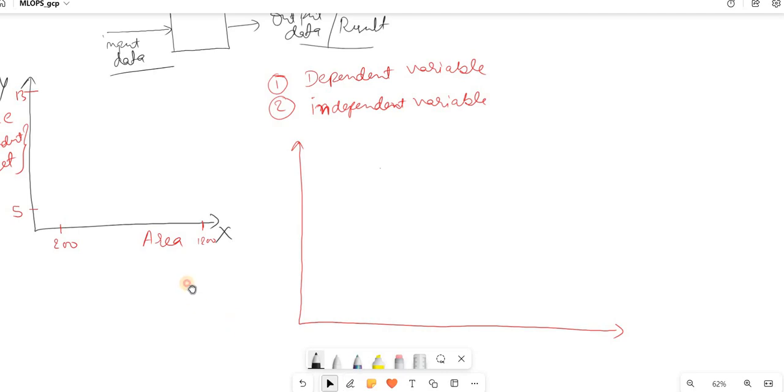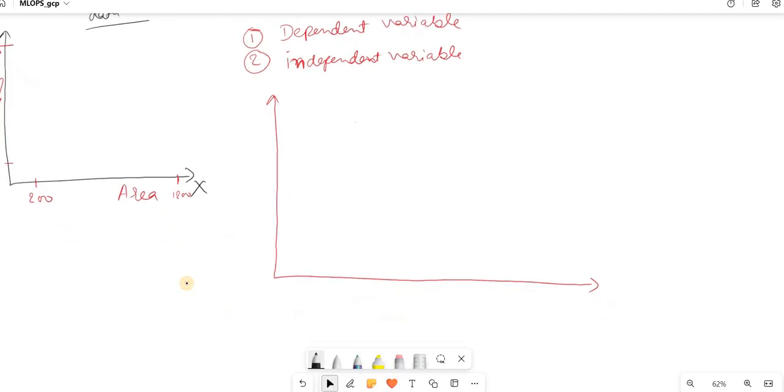Now your y-axis is price and the x-axis is your area in square feet. This x-axis is the independent and the y-axis is the dependent.